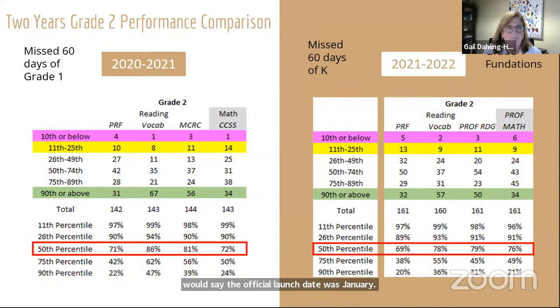From here, you can take a look at our second graders. And you'll see, typically as everybody in this committee is aware, we're looking for that 50th percentile. We'd like to see a good strong 75% at the 50th percentile. So we still have a little bit of work to do in passage reading fluency.